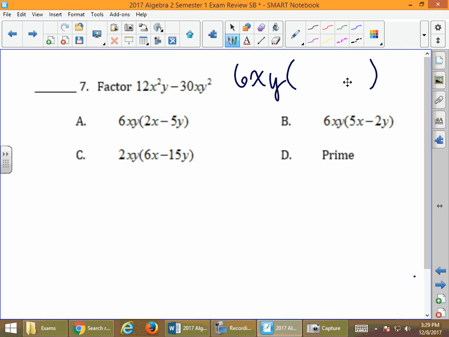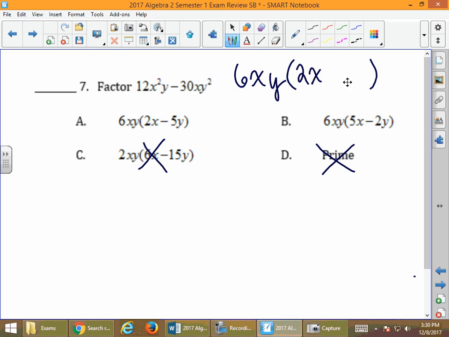And by the way, then, multiple choice, remember, means that we can, right now, narrow this down to answers A and B. Well, to figure out what's going to go in here, we're going to take 12 divided by 6 is 2. And then we're going to take x squared divided by x is x.